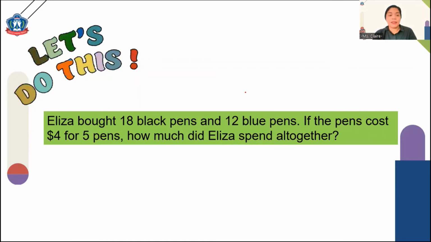Remember the steps in solving. First, solve the numbers inside the brackets. Second, do the multiplication or division from left to right. And the third, do the addition and subtraction from left to right. Please prepare and give your answers during our class.